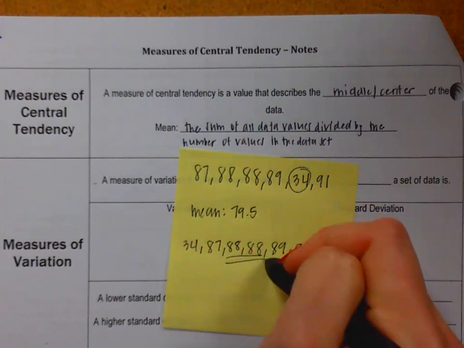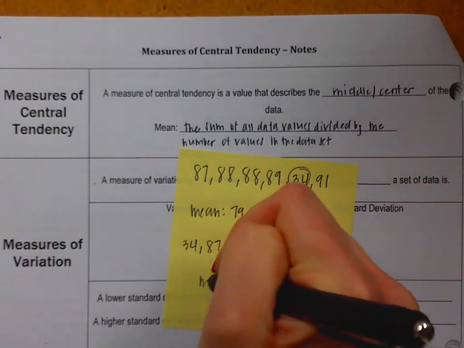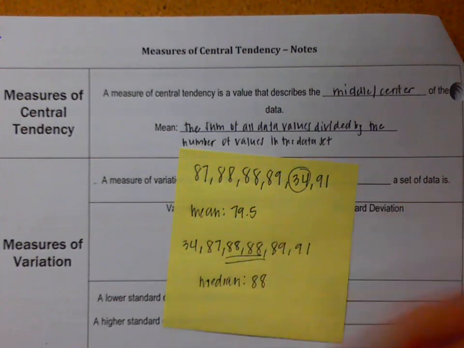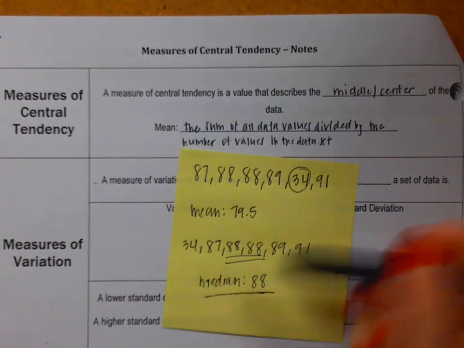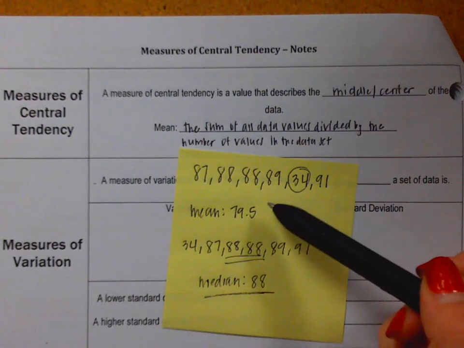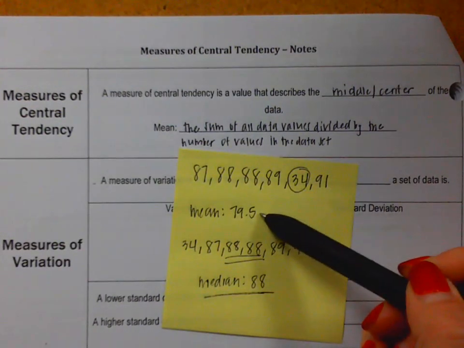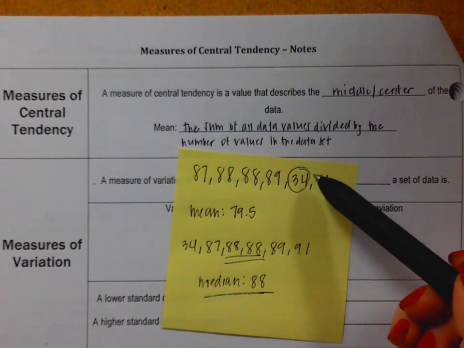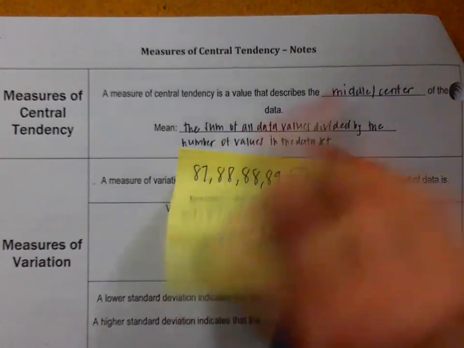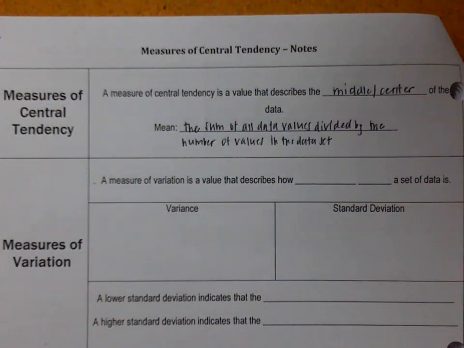My middle numbers are the same, so my median is 88. And 88 in this case is a better representation of the data than 79.5. No other numbers are even close to 79.5. That's when the mean is not the best representation. But typically we care mostly about the mean as our representation.